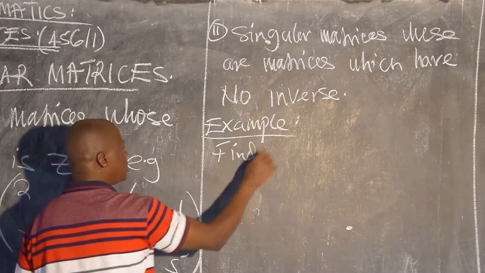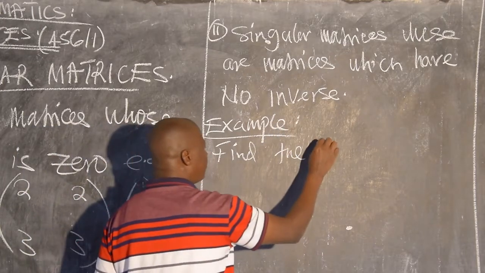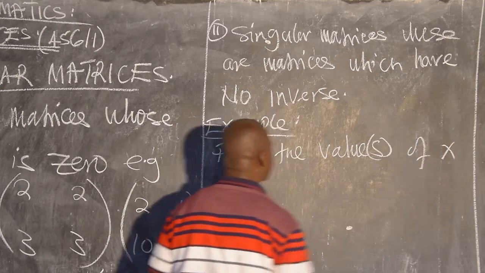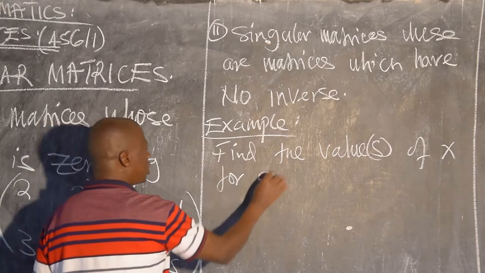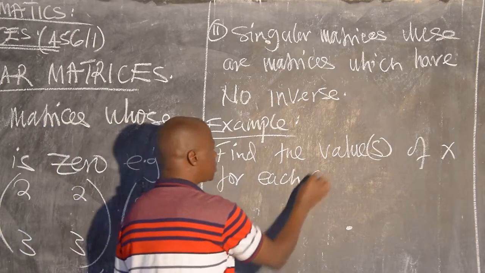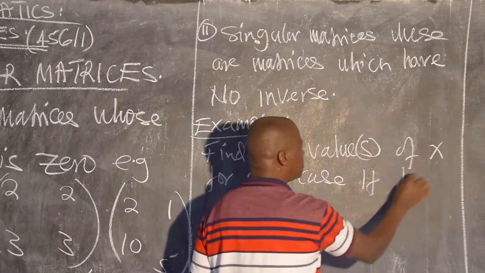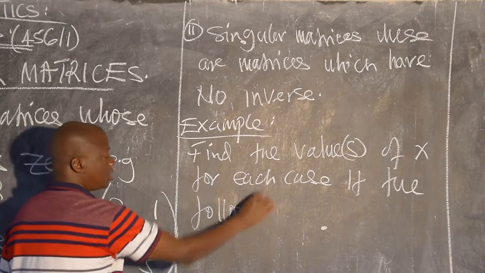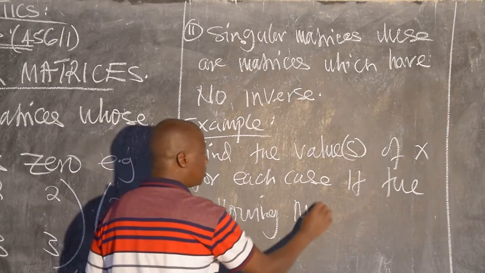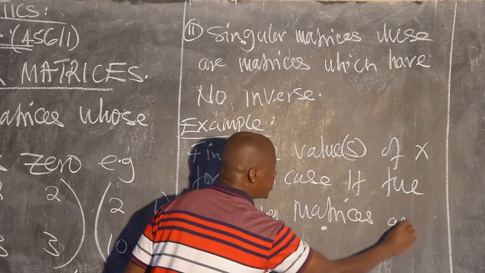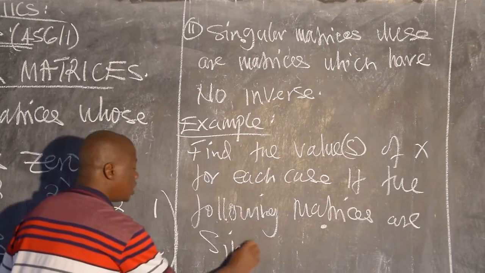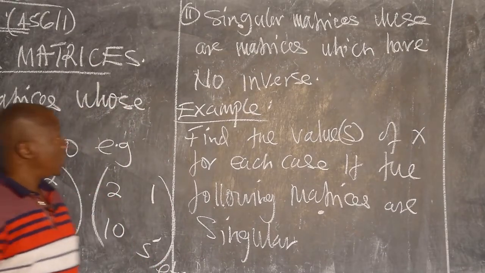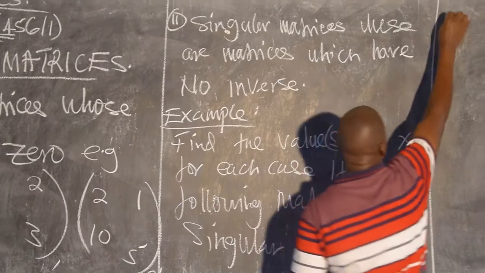Find the values of x for each case, if the following matrices are singular. Let us have number 1 here.